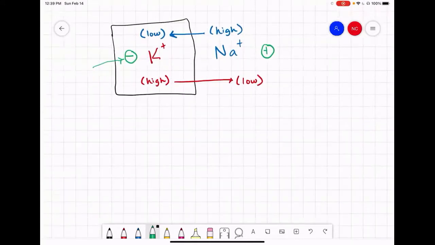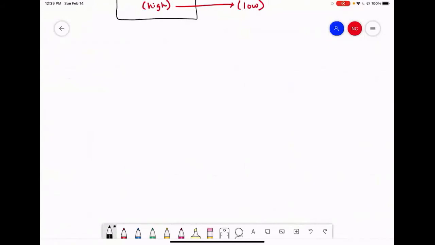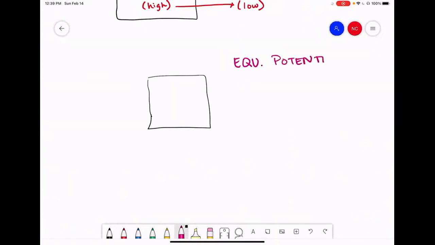With that being said, if I draw another beautiful cell, two things constitute equilibrium potential. Let's say that we are looking at potassium.